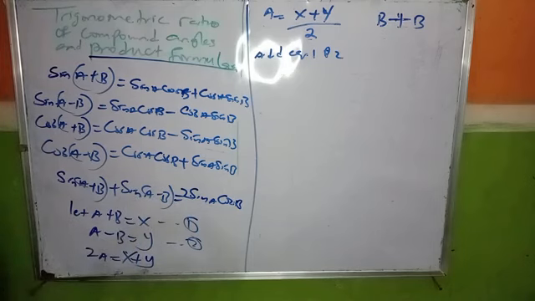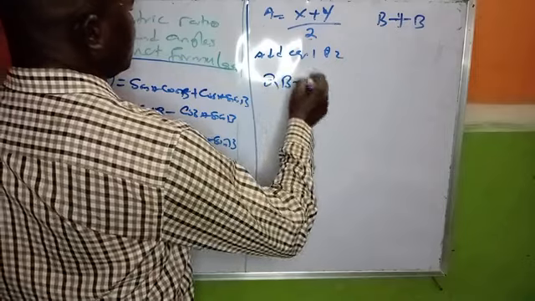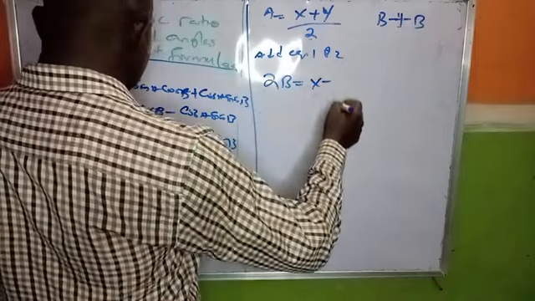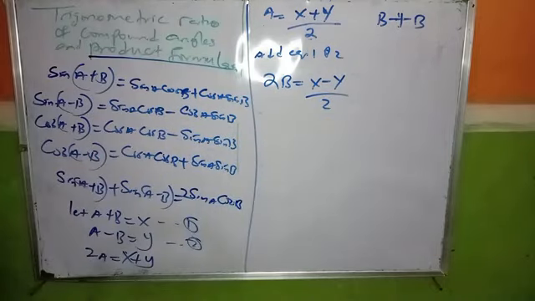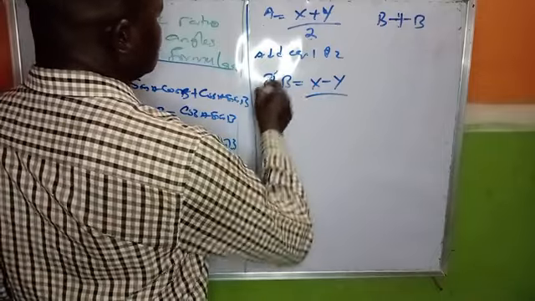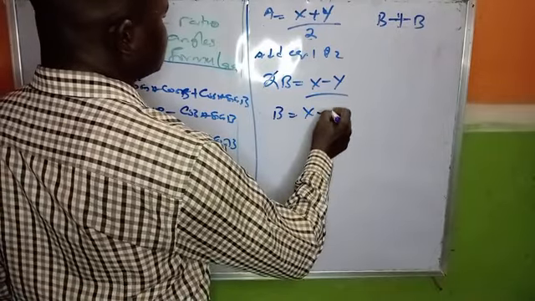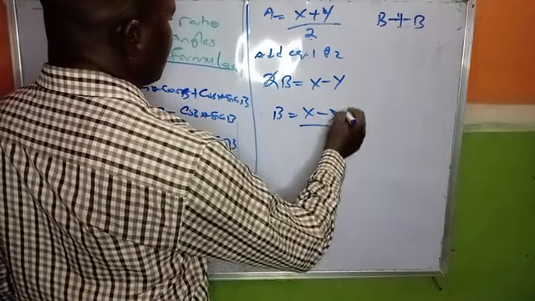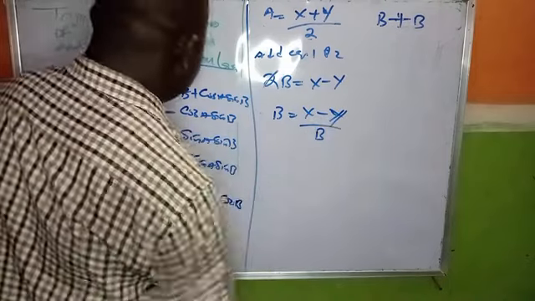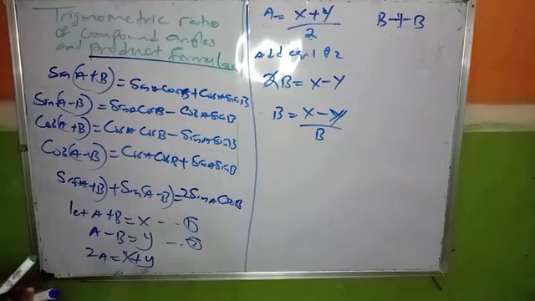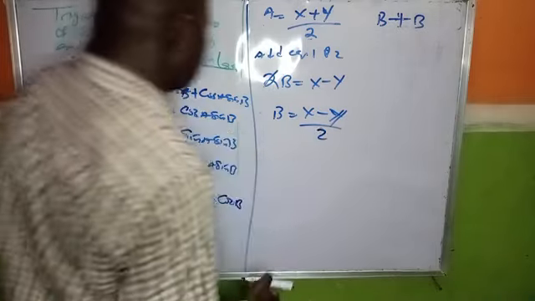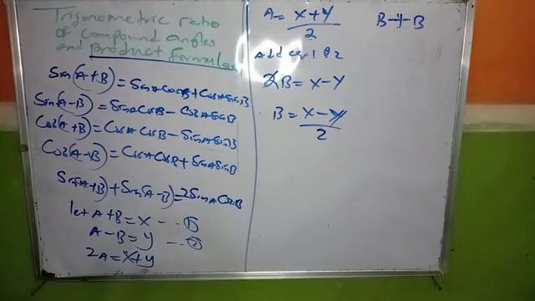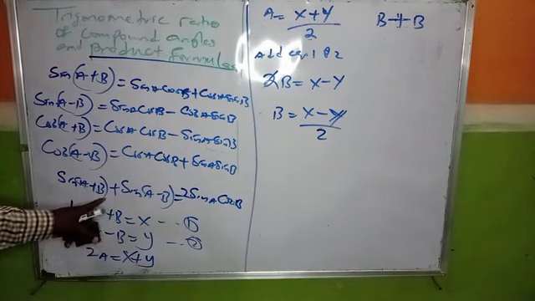So if you minus it, you will have 2B equal to X minus Y. So if you divide both sides by 2, you have B equal to X minus Y over 2. So that's it. Divided by 2. So what you have here, A plus B.